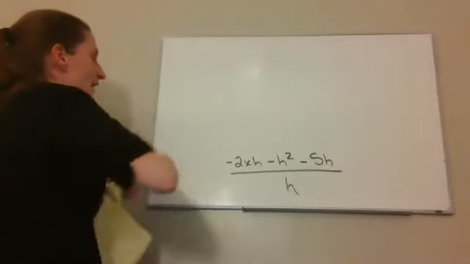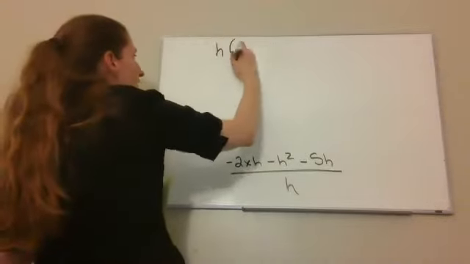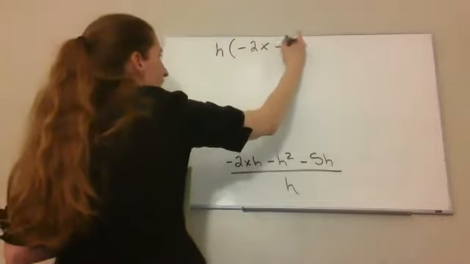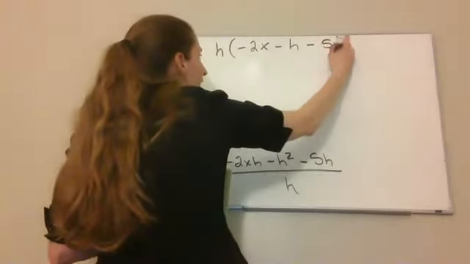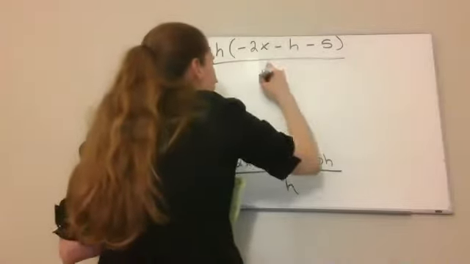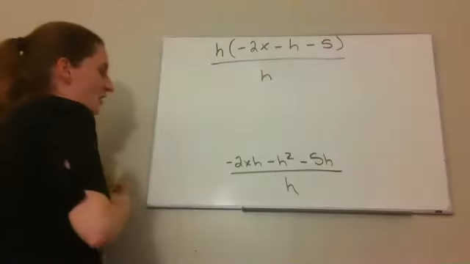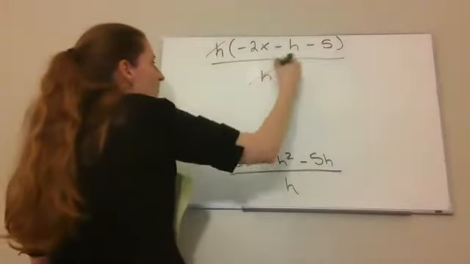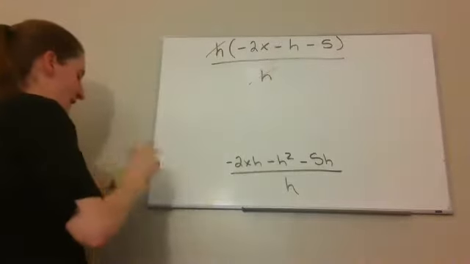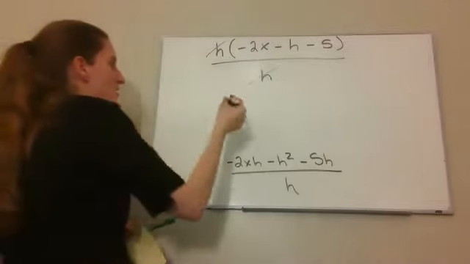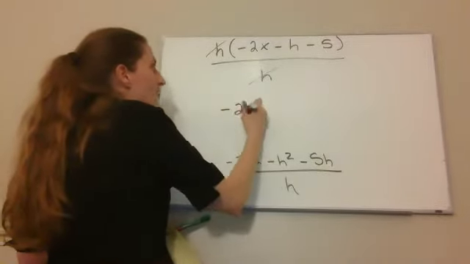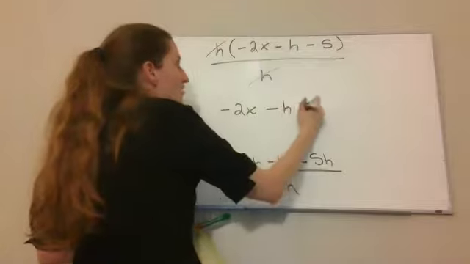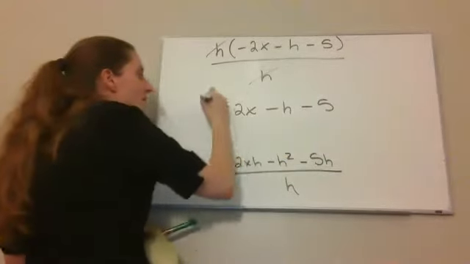So I factor an h out of the numerator, leaving a negative 2x minus h and minus 5 all over h. And like I just said, now we can cancel our like factors of h to get a final answer for our difference quotient of negative 2x minus h minus 5.